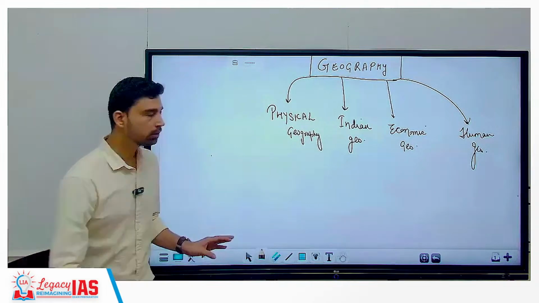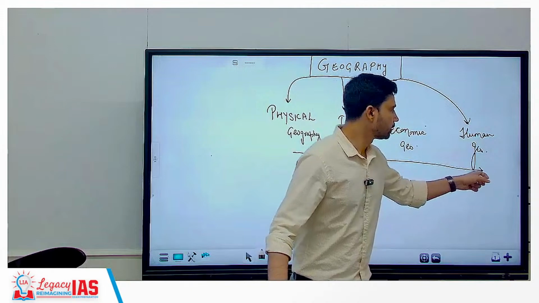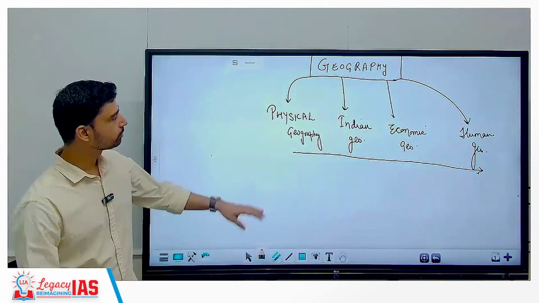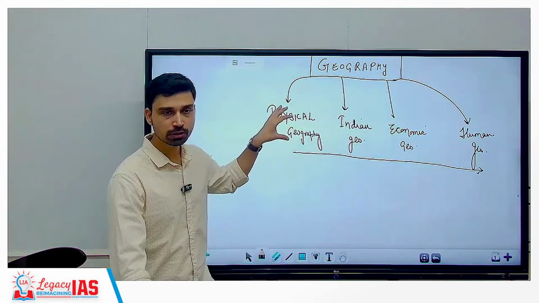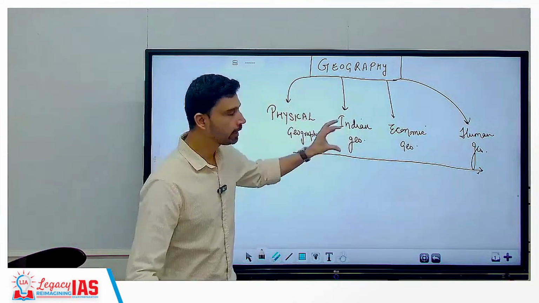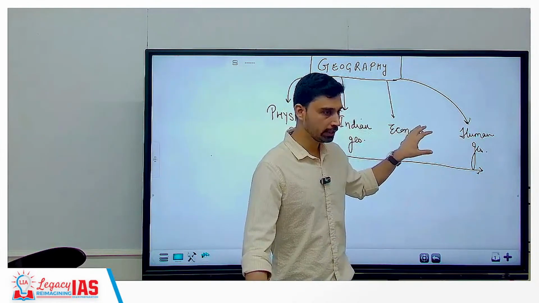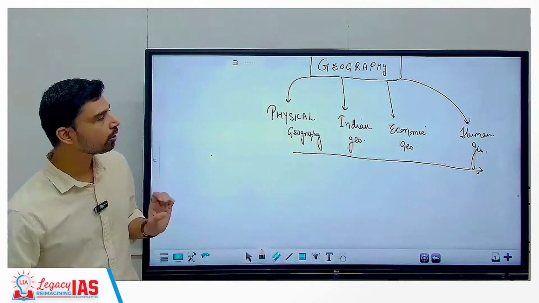This is also the order of importance, based on the pattern and trend of questions that have been asked. Which is the most important part where you have to focus most? That is physical geography. Second most important is Indian geography. Third is economic geography. And least important is human geography. Why least important?